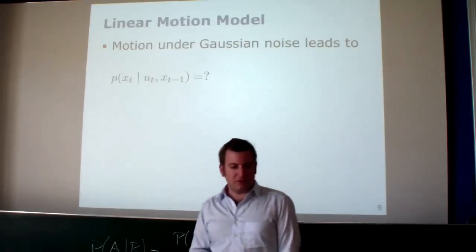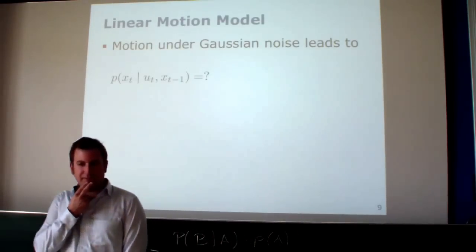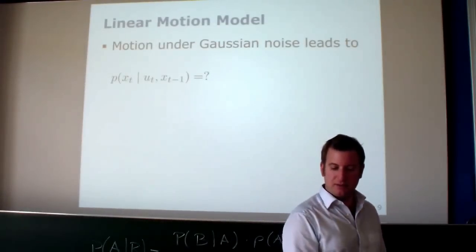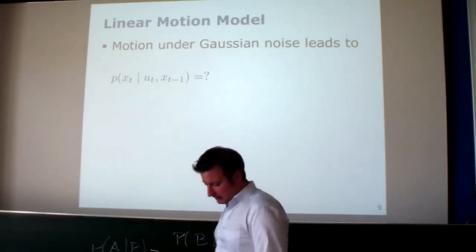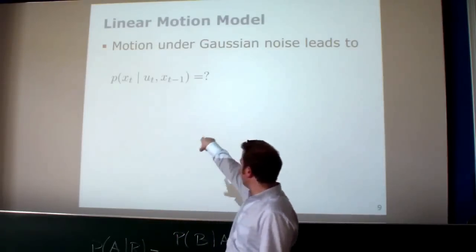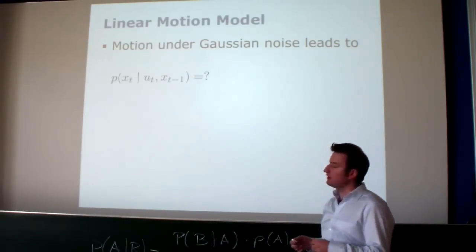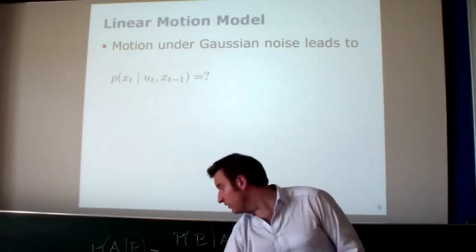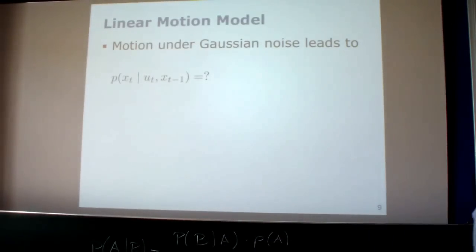Okay. So the question is, how does the motion under Gaussian noise, so how do we actually represent the motion model in this linear case? So we assume to have a Gaussian distribution beforehand.